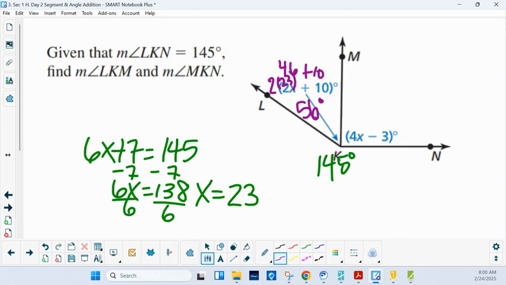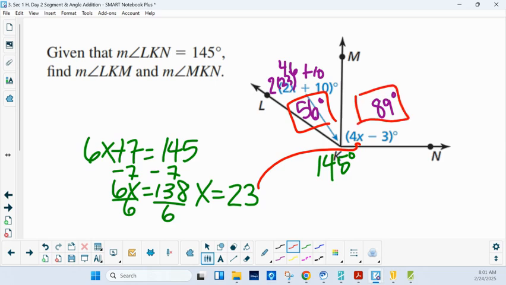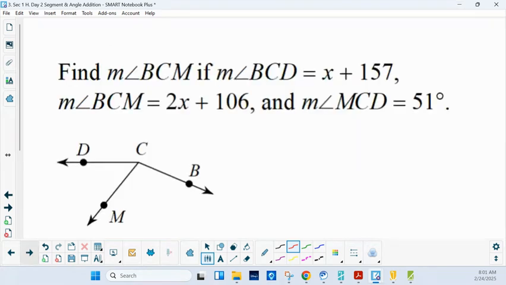What would that give us? 89 degrees, okay. Kate, what would be another option to find the 89? Just plug in x, yeah. So that's your choice at that point. We could do 4 times 23. Did anybody do that? Did we get 89? 4 times 23, 92 minus 3, yeah, it worked. So there we go. So adding the 2 angles, same idea.